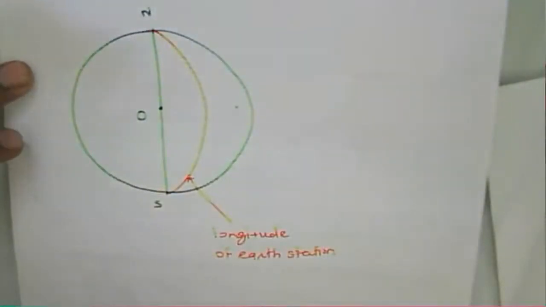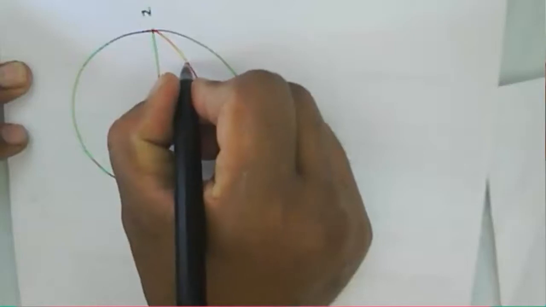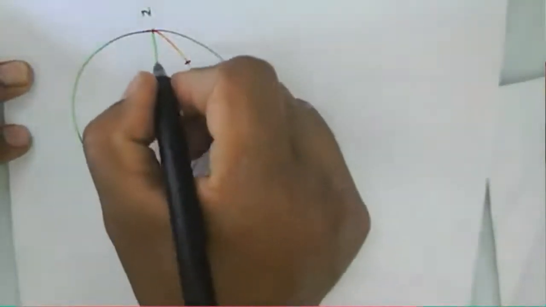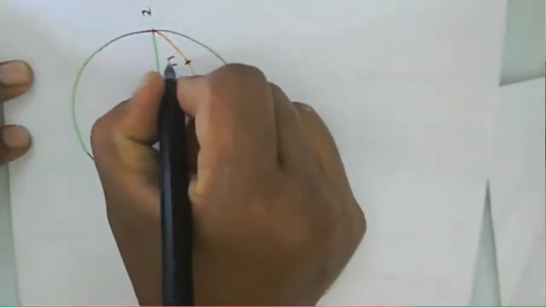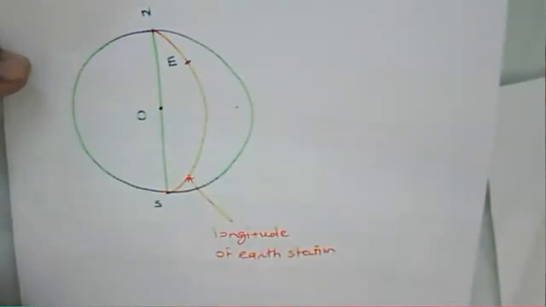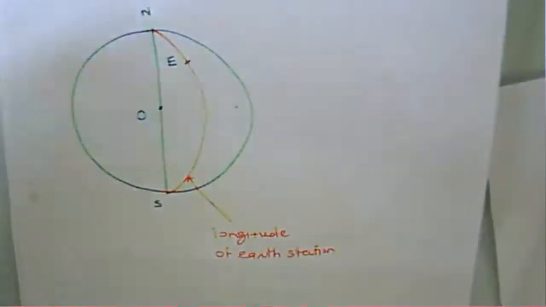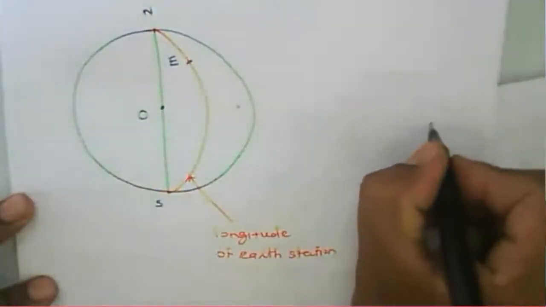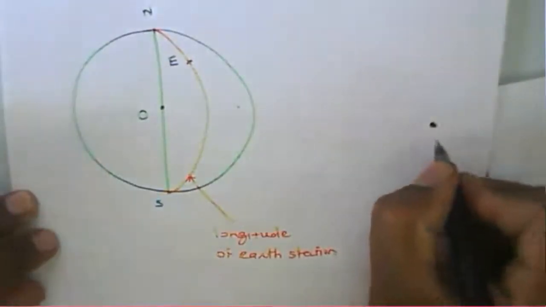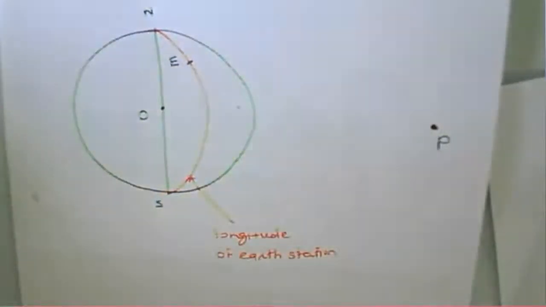So now in that case if we consider that here we have the earth station, and the satellite position will be here now. This one is about a point here. We can say that is about a satellite position now.